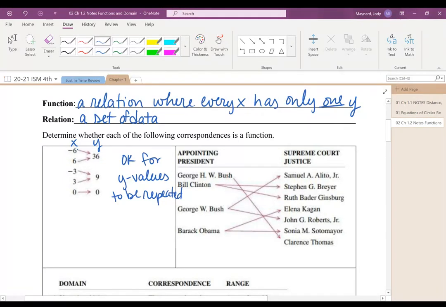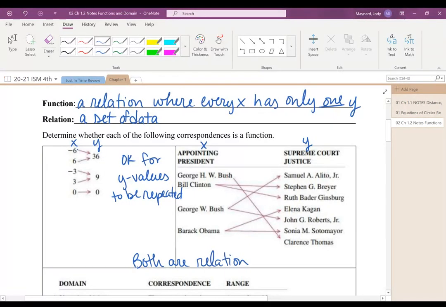So let's look at this. Sometimes the set of data is real life data, and sometimes it's just ordered pairs. So here our x values are appointing presidents, and our y values are the Supreme Court justices. So in this case, we have a relation. Both of these here are relations because they're both sets of data. But let's see if this is a function.